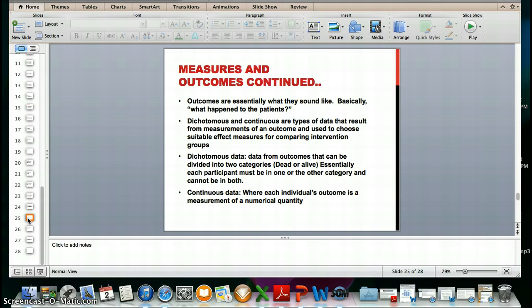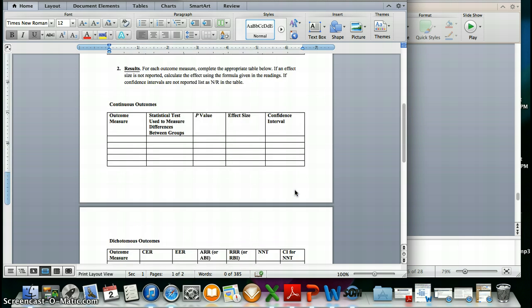You will look at the measures that were used, and you will then point out the outcomes. And you will use this information to determine the results. Let's see if I have the critical appraisal up.